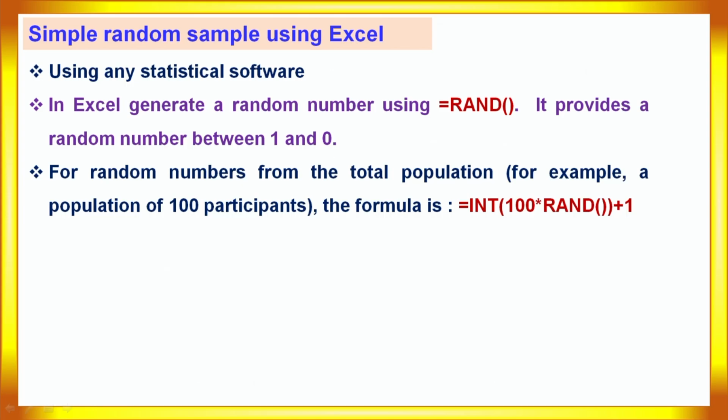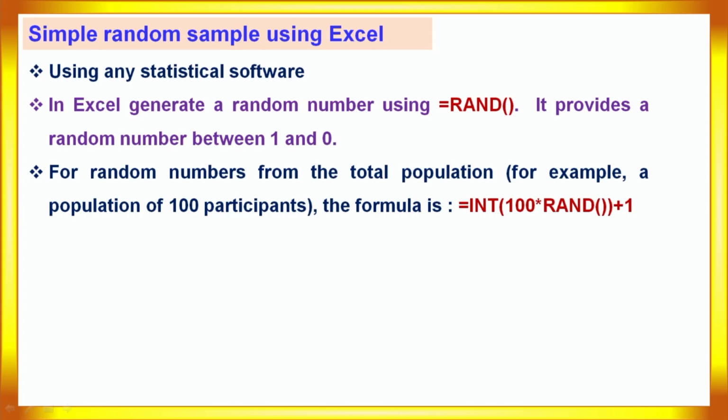Now, random numbers can be generated using Excel, or using a particular statistical software. The function RAND can be used for generating random numbers in Excel. The RAND function generates random numbers which have decimals, not whole numbers.